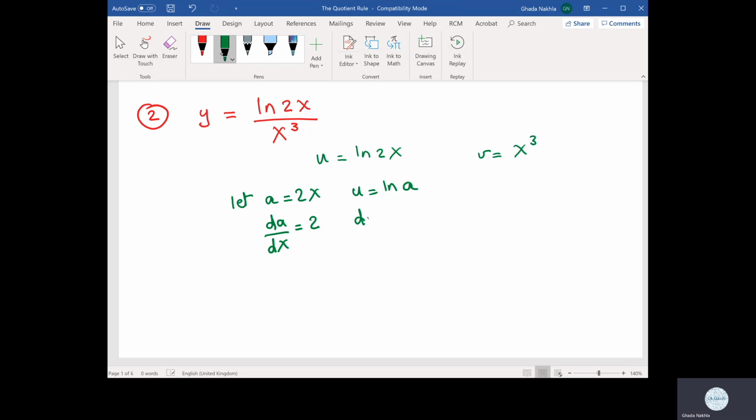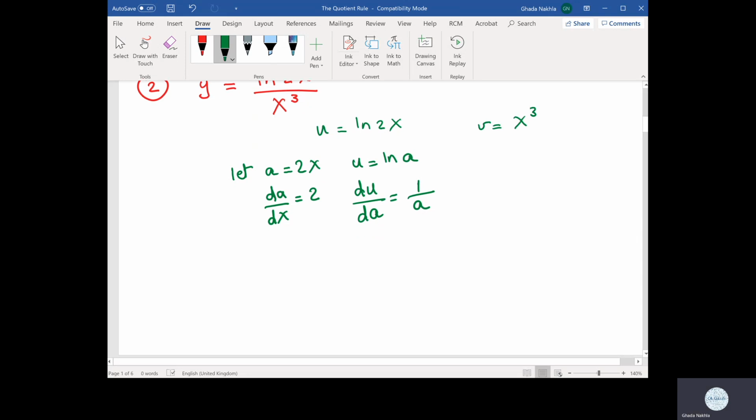And then I'm going to find the derivative of u, du by da. I'm not differentiating with respect to x. Please, if you don't know the chain rule, please watch the video on the chain rule. You're differentiating with respect to a, or any other letter that you choose. It could be t. And you're going to get 1 over a.